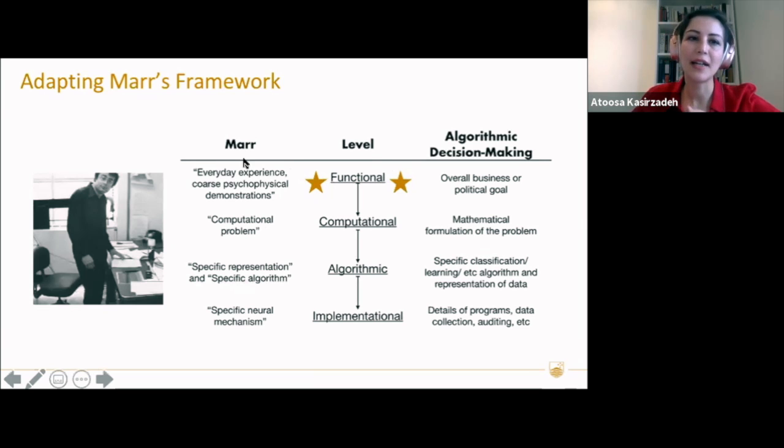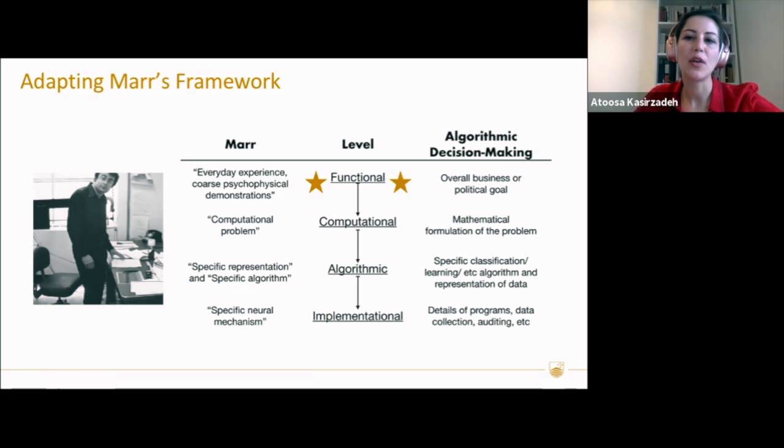So in the case of a natural system, it's going to be about the visual processing, for example, the everyday experience, the coarse psychological, psychophysical demonstration. So basically, the functional level, very roughly, is going to say what a system must do in order to count as a successful system.